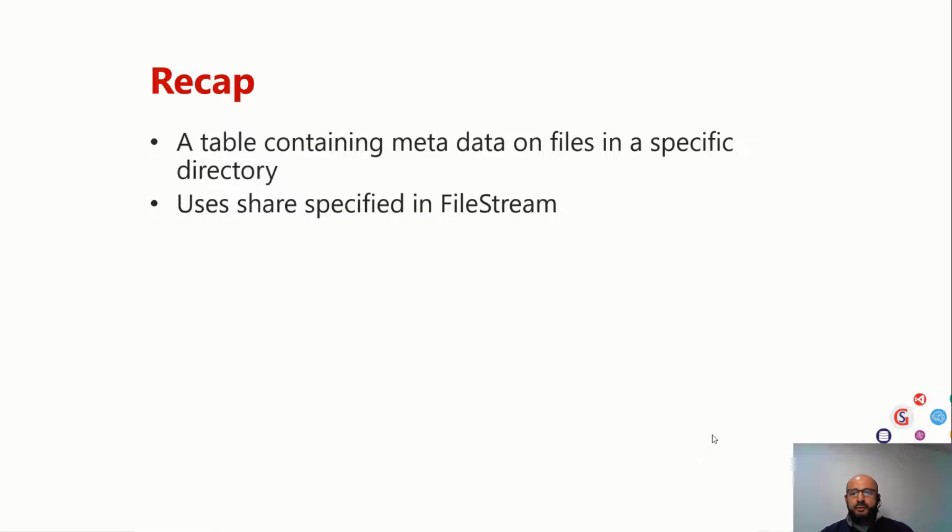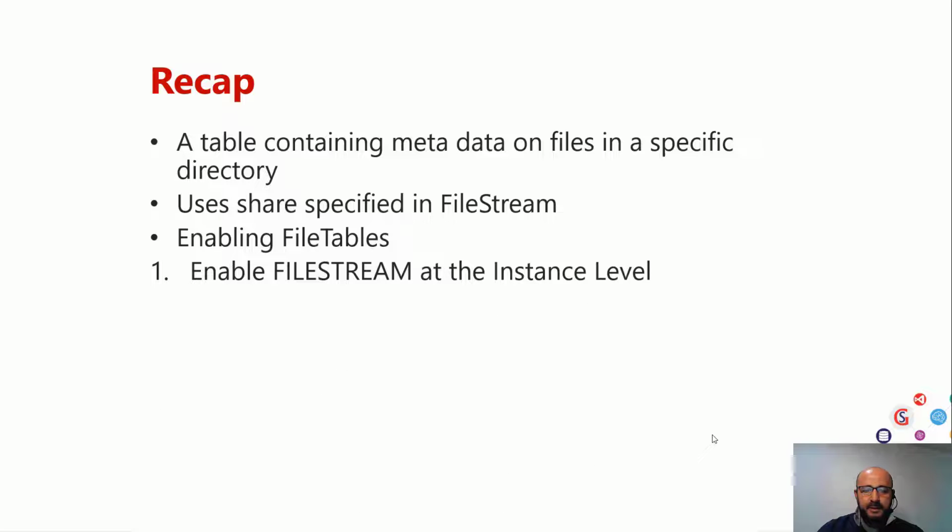As we had seen before, it creates what appears to be a UNC path that's available, and folks can copy files into it, and those files are replicated in the table itself. Enabling file tables, again, we check for consistencies and make sure that what we have in the table is consistent with what we have on the file system.